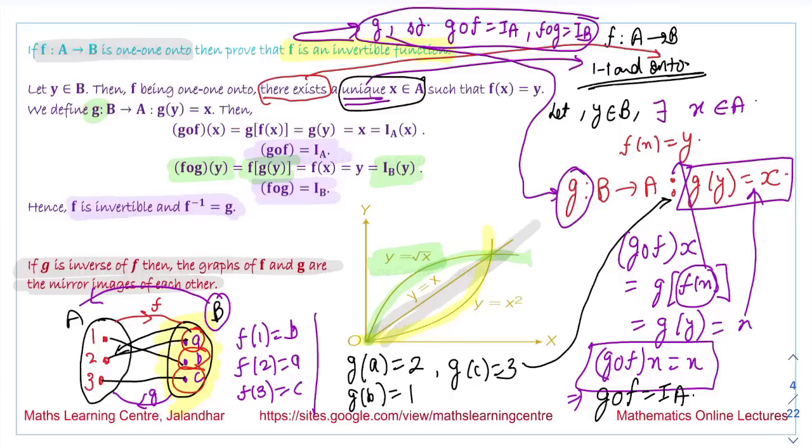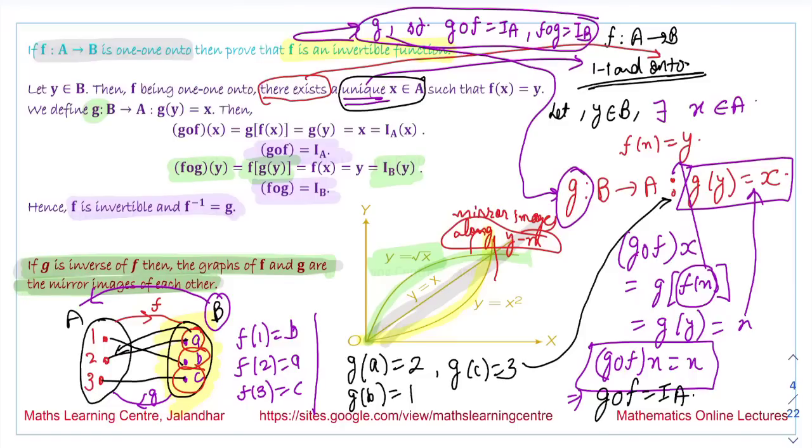So we are saying these two are mirror images along the line y is equal to x. I am again explaining over here that if g is the inverse of f, then the graphs of f and g are mirror images of each other.